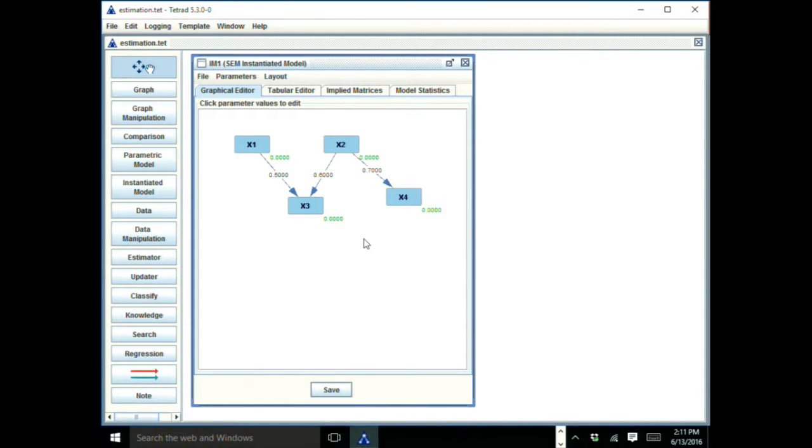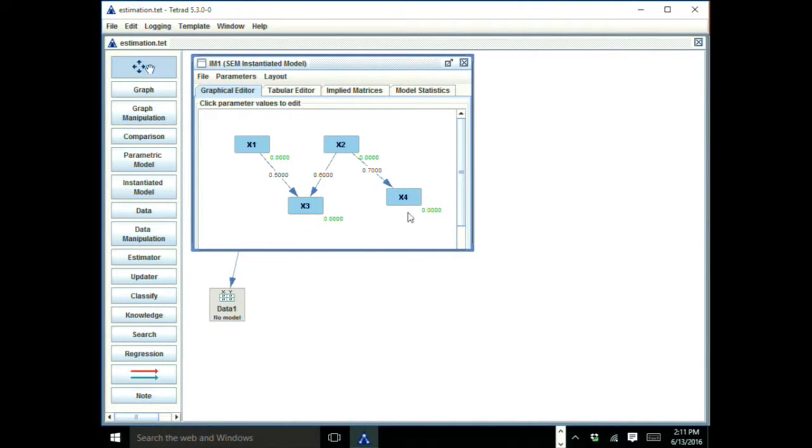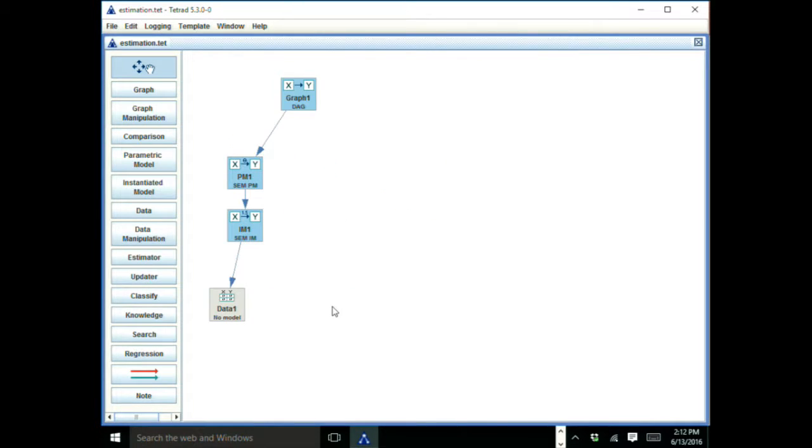Okay? So presumably, if I had enough knowledge to specify the structure of this model but not know the actual values of these parameters, but I had data, then I could get the actual values of these parameters estimated for me. So that's what I'm going to do. Okay.